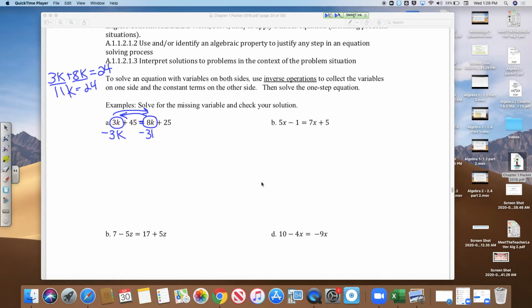So here's one way to do it. You could subtract 3k from both sides, and 3k minus 3k cancels out. On the left-hand side, I'm left with 45. On the right-hand side, 8k minus 3k is 5k plus 25. So here's one way we could move it, by subtracting 3k. I'll show you the other way after I solve the problem.